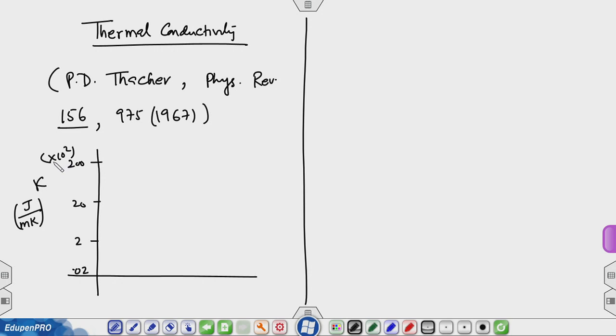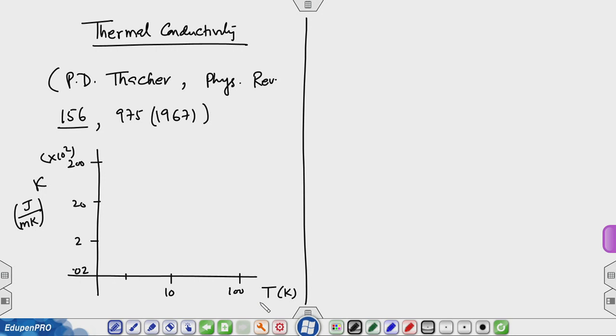And here you have the temperature, 10 here and 100, and then it increases. So, this is the temperature in Kelvin and conductivity. There are 4 different samples and this is how it goes.